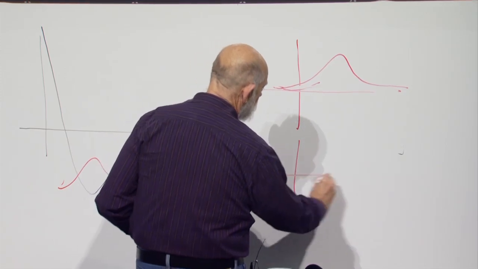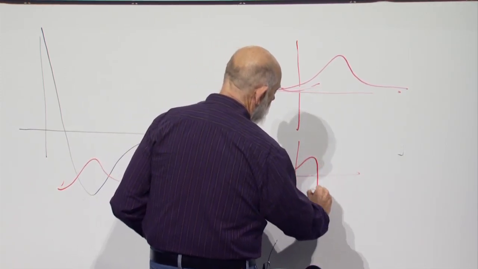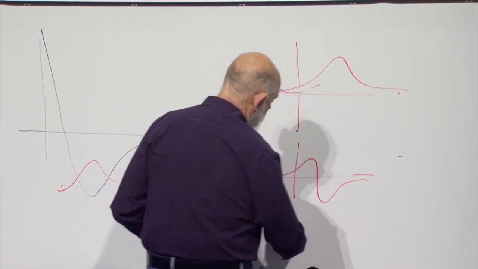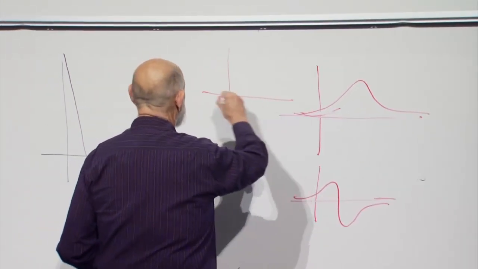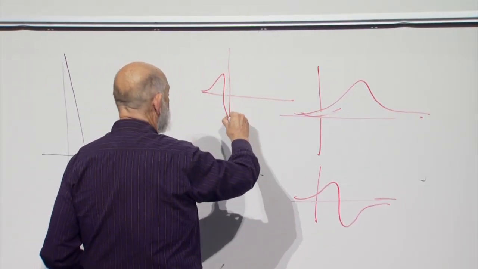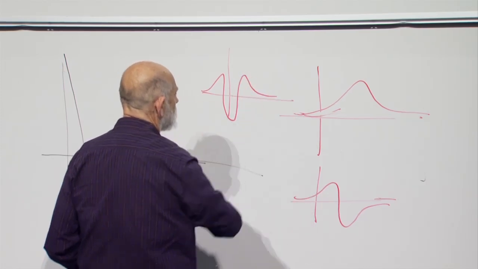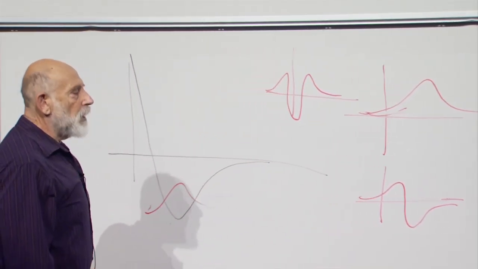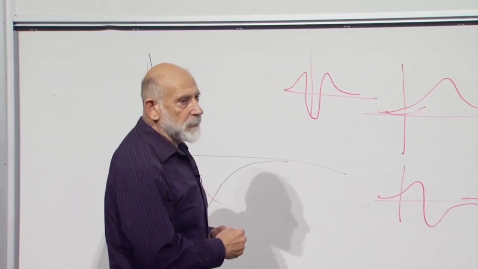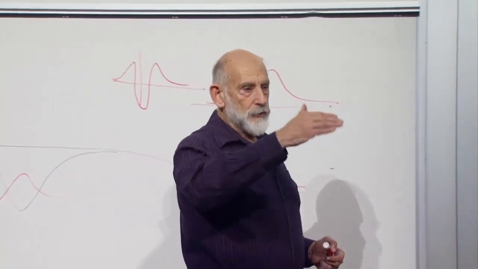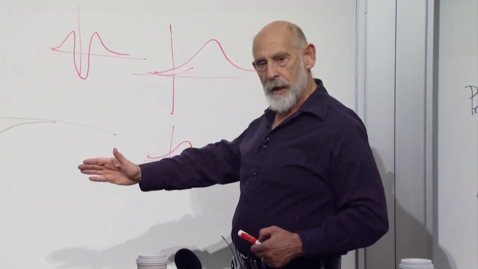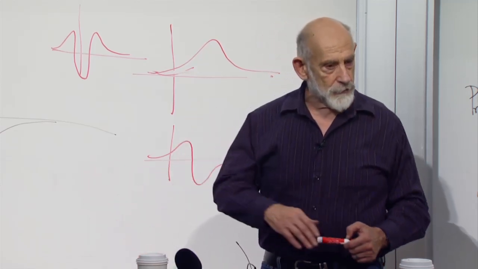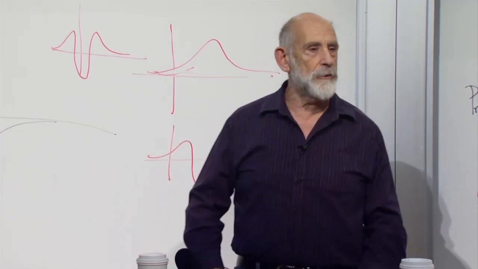Here's a function with one node. How about a function with two nodes? A function with two nodes goes up, comes down, goes back up, and comes back down. The number of nodes are what characterize the different energy levels of a solution to the Schrodinger equation. The more nodes, the higher the energy. Why would it be that the more nodes, the higher the energy?